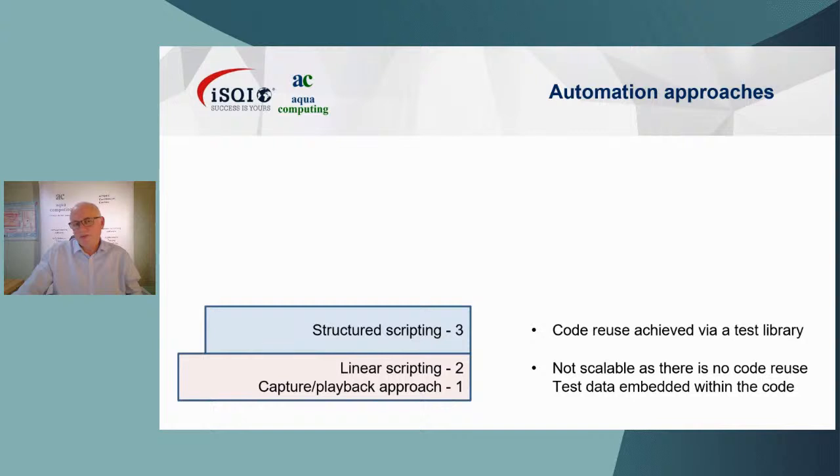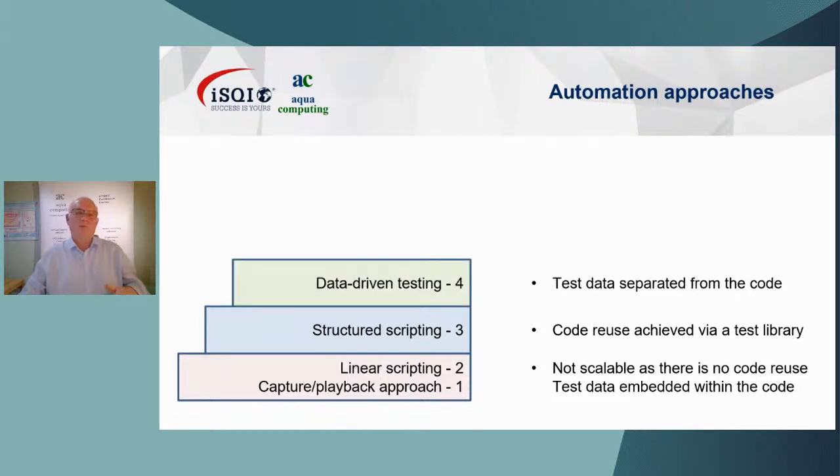What we're going to do in the remaining demos is have a look at a more advanced approach known as structured scripting. We get code reuse by using a test library. We can go beyond that. We won't today, but we can actually separate out the test data from the code as well. We could hold it in a number of spreadsheets, one for each functional area that we're automating, data-driven.